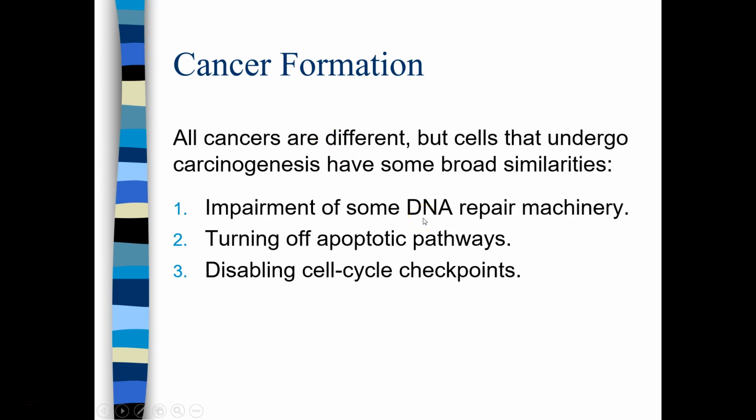By disabling cell cycle checkpoints, it prevents the cell from being able to check for DNA damage, and if the checkpoints are off, then you can't initiate apoptosis. These are three things that all cancers have in common, and we have treatments that try to exploit these.